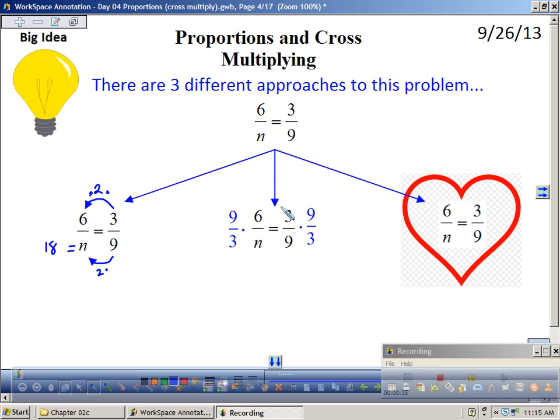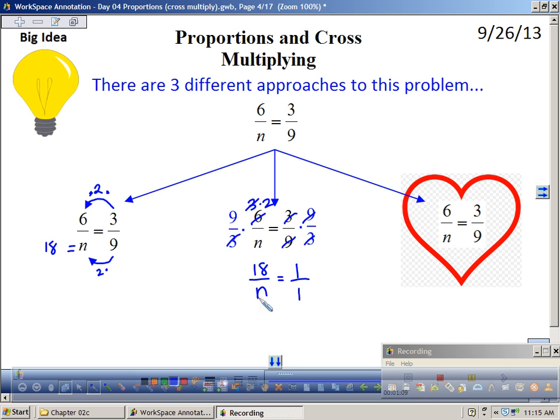Our second method, let's just do this and then you can write it. Our second method, we talked about this a couple weeks ago, is multiplying by the inverse. So if I multiply both sides by 9 over 3, my 3's cancel, my 9's cancel. This 3 cancels because it's actually 3 times 2, and I'm left with 18 over n equals 1 over 1.